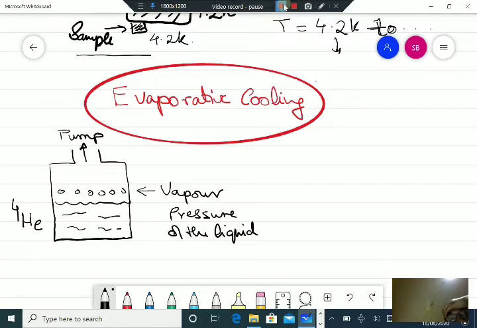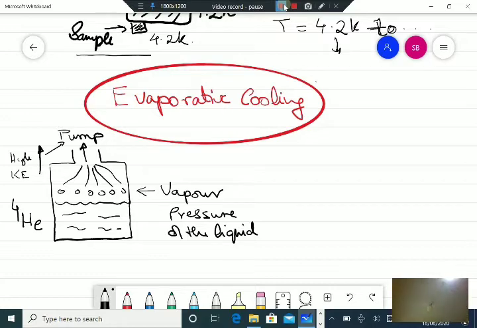Typically what you do is pump out these molecules. These molecules are taken out from the liquid and they do not have a chance to re-enter the liquid. As a result, the high kinetic energy molecules are all taken out by the pump of the system.